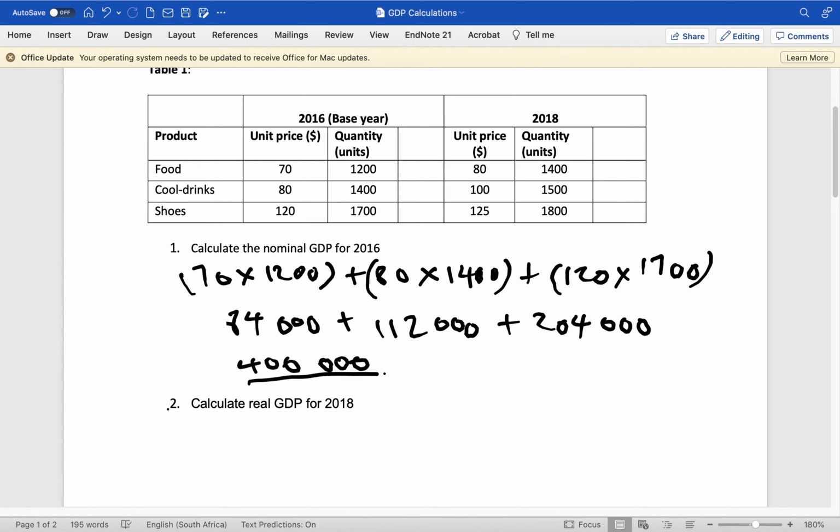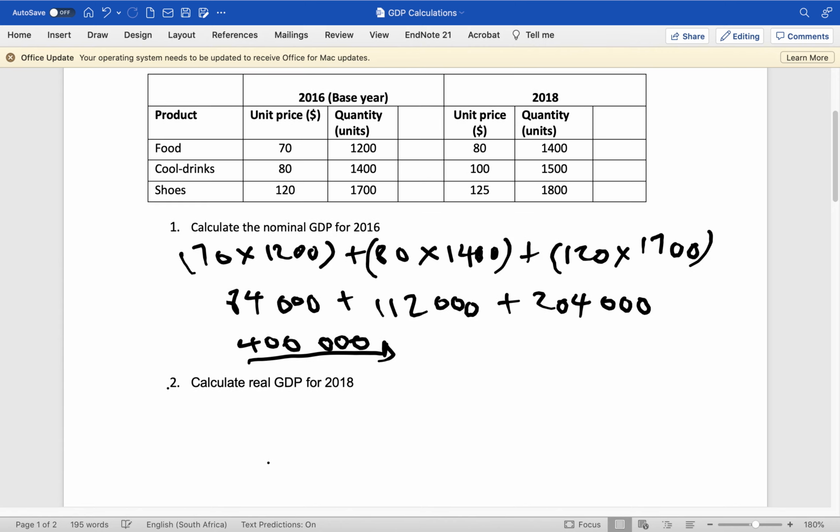Now moving on to the next question, we are asked to calculate the real GDP for 2018. As I've said, your real GDP is adjusted for inflation, and we only consider to take prices from the base year, which is 2016. So even if we are considering the quantities within year 2018, the prices which we are to multiply our quantities with is from 2016.